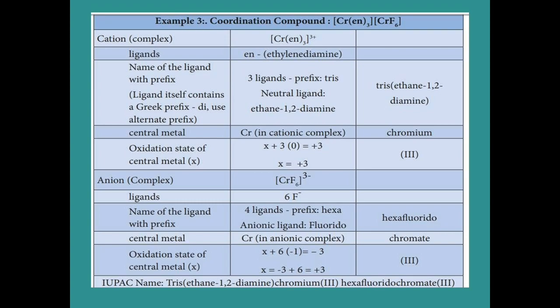What is the ligand here? Fluorine, hexafluorido, but the chromium is present in the anionic complex, so we never write it as chromium. It ends with ate: chromate. And what is the oxidation state here? +3, so we write in parentheses Roman numeral 3. What is the name here now? Tris(ethane-1,2-diamine)chromium(III) hexafluoridochromate(III).